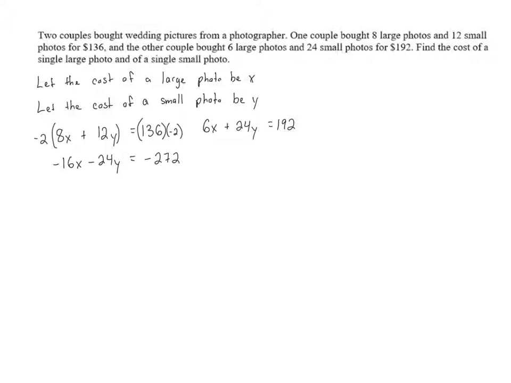Now, if we compare this with the other equation, we've got a negative 24y and a positive 24y. So if we add these equations together at this point, we will end up eliminating the y. I'm going to take the second equation and place it under what we just got: 6x plus 24y equals 192.